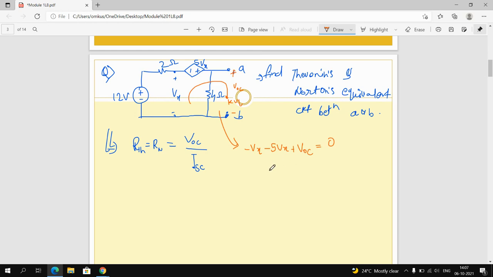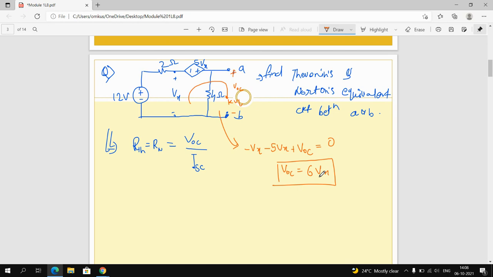So minus Vx minus 5Vx plus VOC equal to 0. Now solve this, you will get VOC equal to 6Vx.